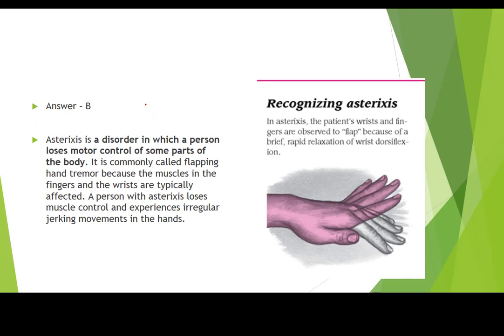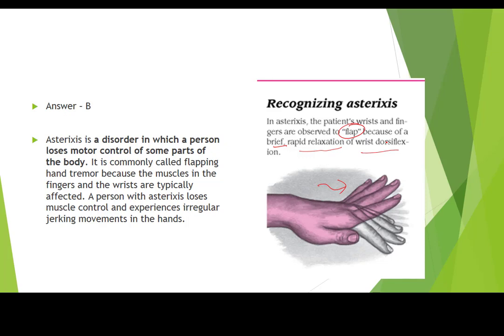Here is a figure for understanding how the hand is moving. In the patient, the wrist and fingers flap because of a brief, rapid relaxation of the wrist into dorsiflexion. It is a disorder in which the person loses motor control of parts of the body.